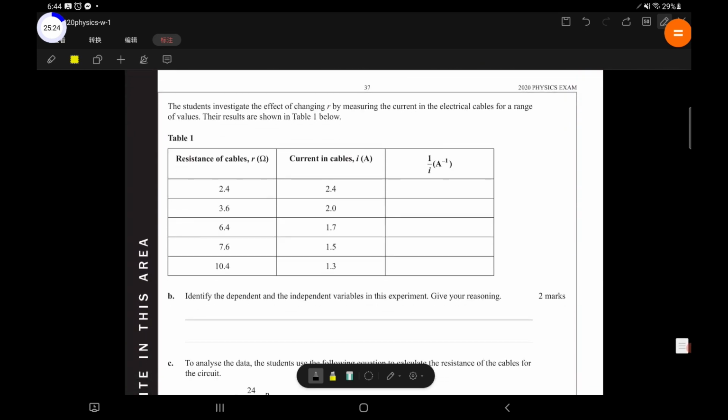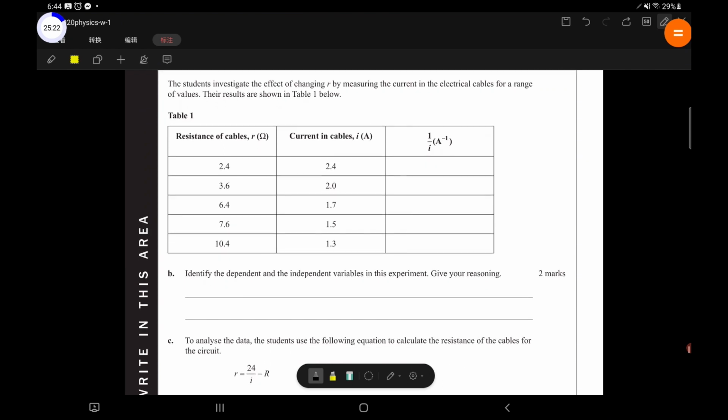All right, so moving on, we actually are given some data for this experiment. By the looks of it, we are changing the resistance of the cables to measure the current in the cables. Part A, identify the independent and dependent variables. The independent variable is the variable that we change, so that will be the resistance in the cables.